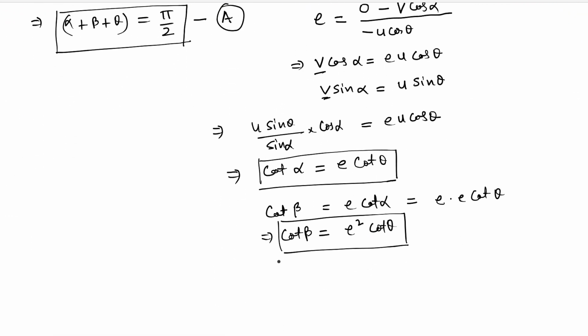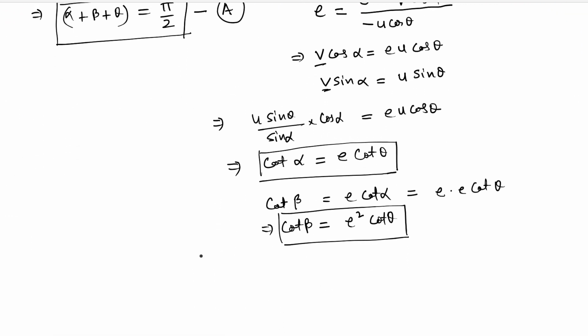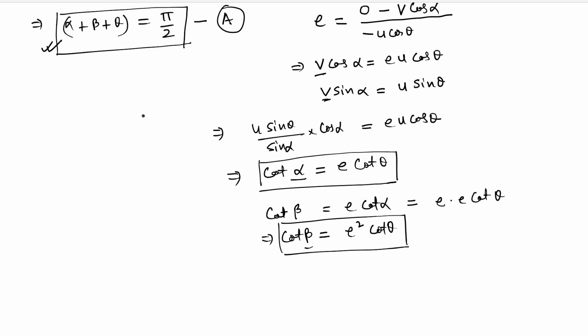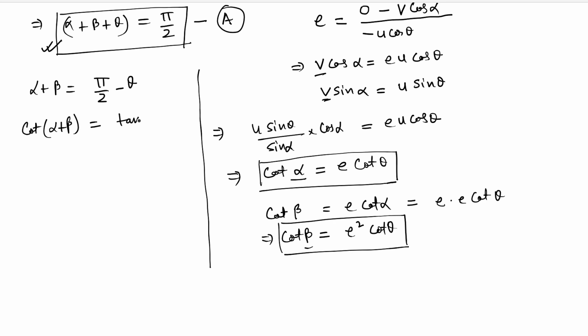Now if this is true, then we can use equation A and plug in alpha and beta in terms of theta. We can write alpha plus beta equal to pi by 2 minus theta. So take cot on both sides, and this is tan theta.